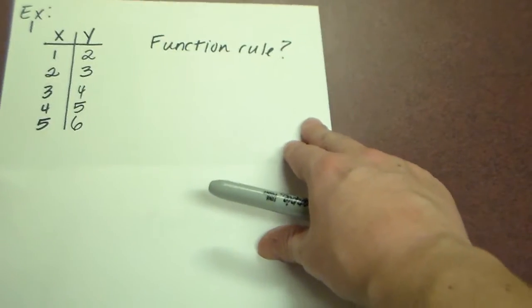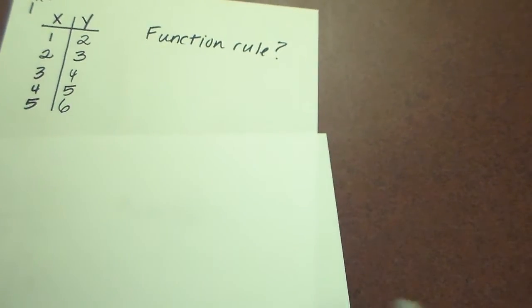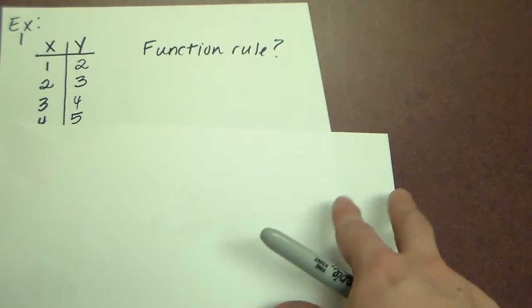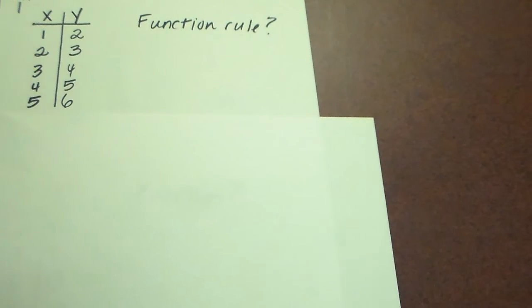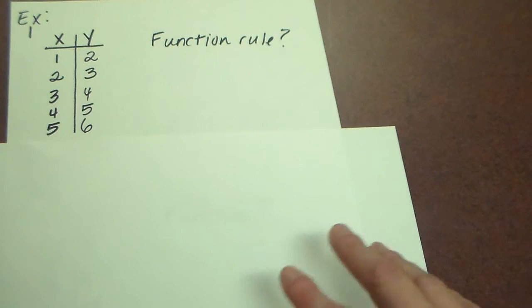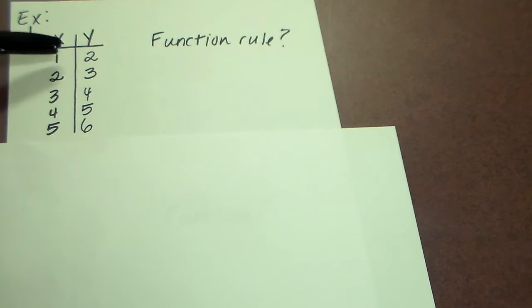So let's look at a couple examples of tables that we could decide the function rule for. So here's our first one, and I can see that I have a domain of 1, 2, 3, 4, 5.